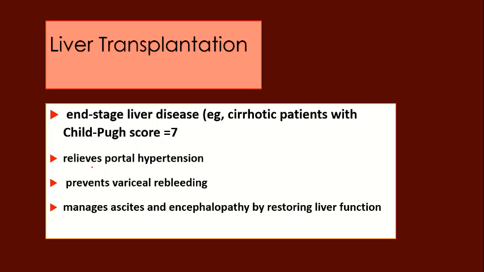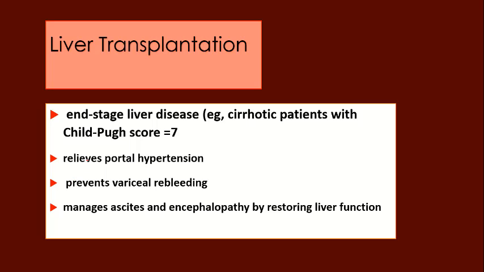The selection of the candidate for liver transplantation should be directed by the patient's clinical status and etiology of cirrhosis, like viral hepatitis, alcoholic, non-alcoholic steatohepatitis, and cholestatic liver disease.